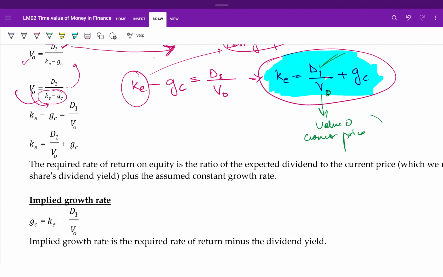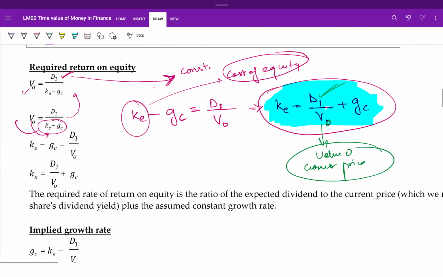And this is dividend at time one, which means next year's dividend basically. Understand this thing. You need to change this D1 to current price, so you need to discount it back to time zero. And always remember, you might have a tendency to make a mistake here.